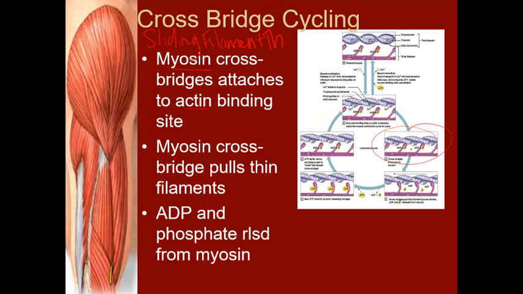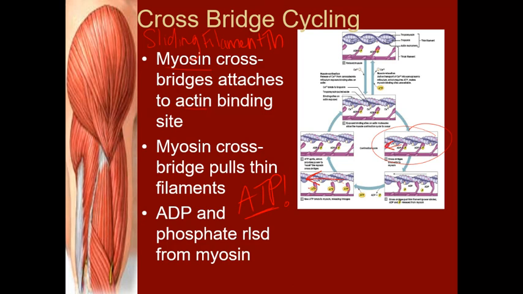When it does, it forces the actin to pull in that direction there, okay? It releases, and then it will attach again. All of this is requiring energy. So you know that ATP is going to be used here.